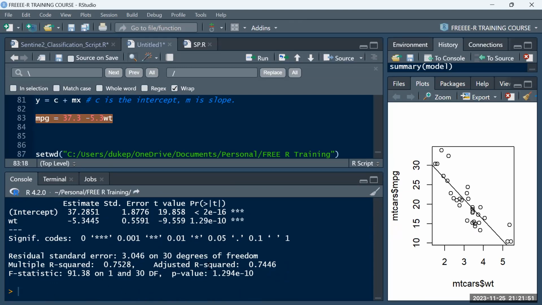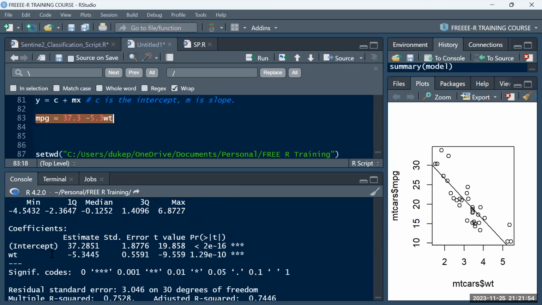But talking about significance, there's a measure of significance. How significant is this 37? How significant is this -5? I don't want to go very deep into the null hypothesis thing in statistics, but significance is telling us that you need to reject the null hypothesis and embrace the alternative hypothesis, for those who have not gone deep into statistics.